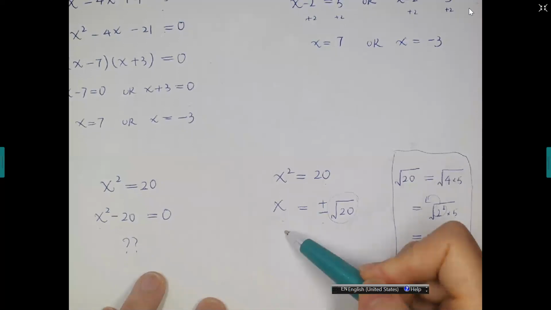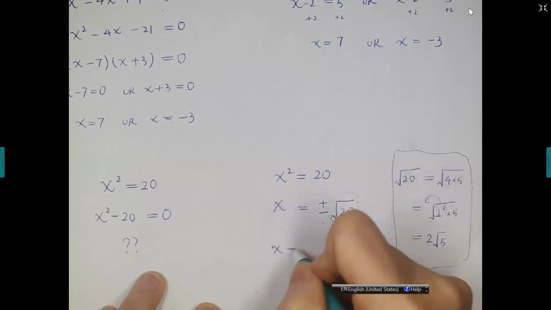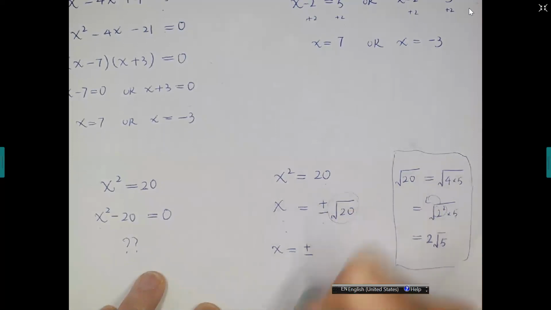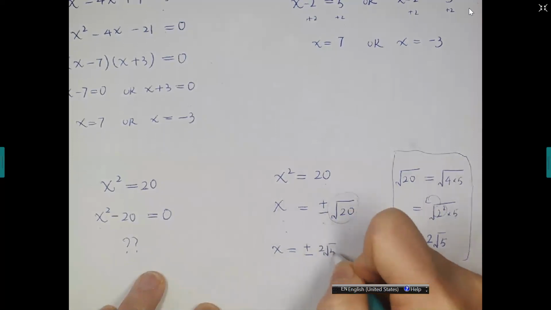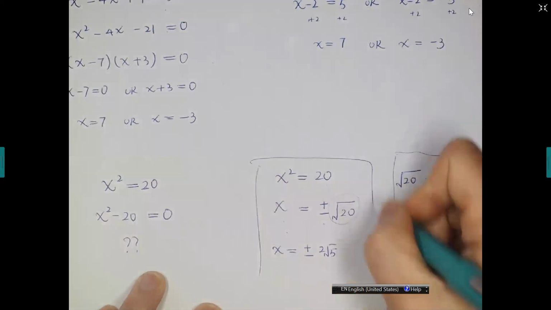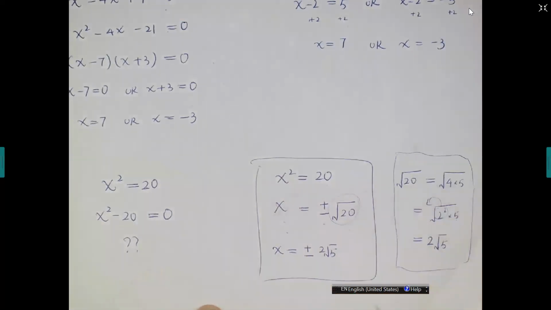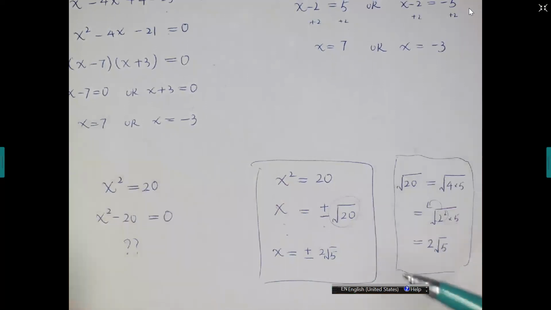Now we go back to the original equation here. I know x equals either positive or negative 2 square root of 5. Final answer. See, we have solved this quadratic equation, which we were not able to do in chapter 6. And this is another advantage of the square root method.